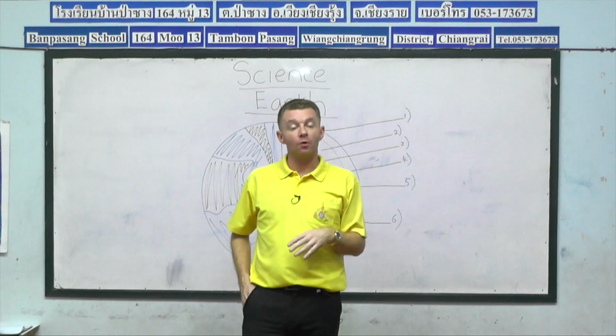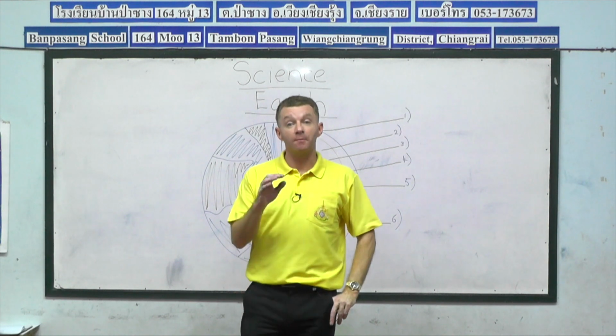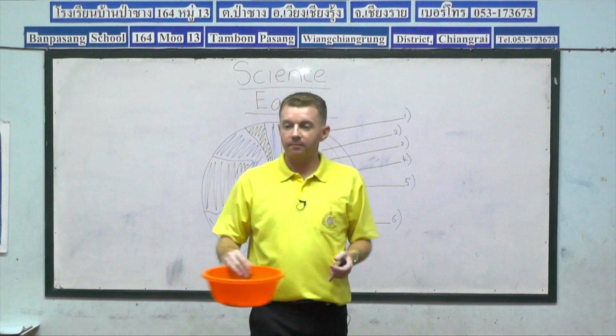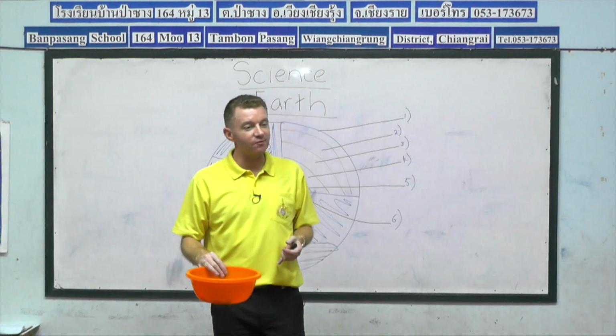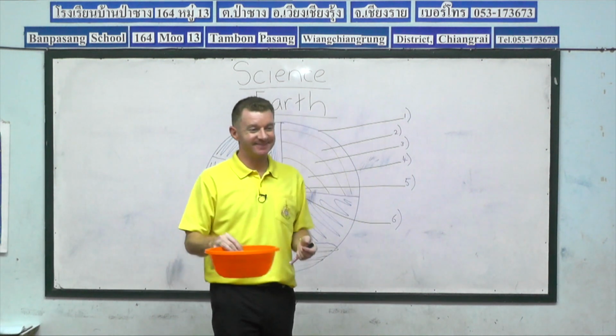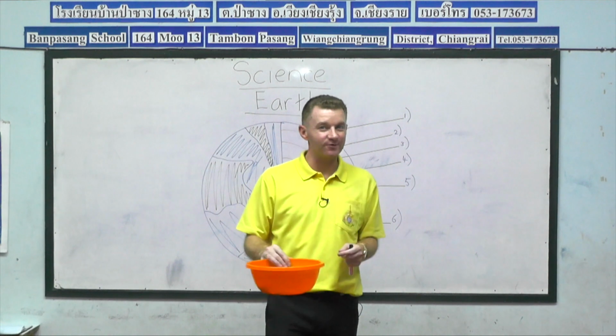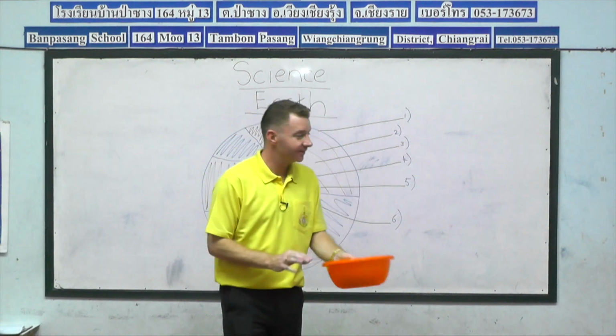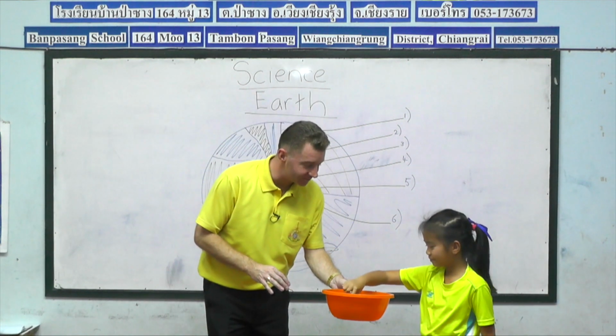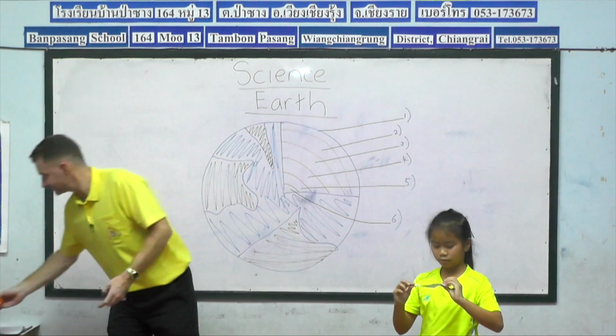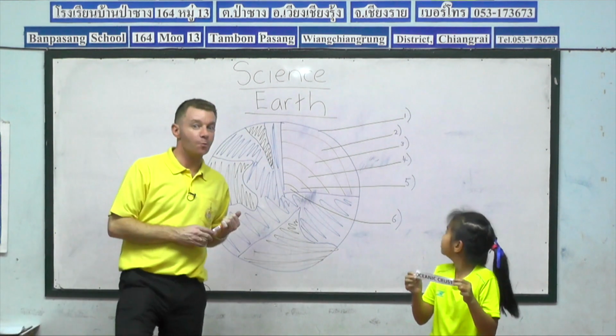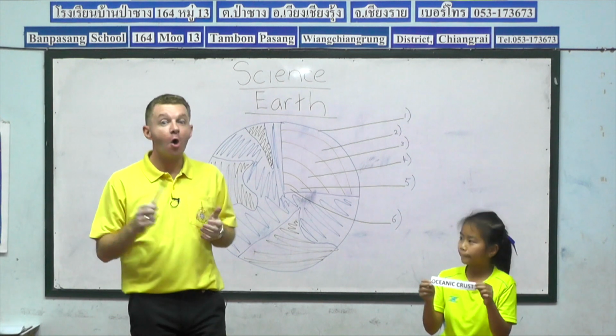What we need now are some students to come forward and pick the flashcards. Prel, come and join me at the front of class, please. Prel gets first choice at one of the flashcards. Choose one and show it to your friends, please. What can we see on the flashcard?